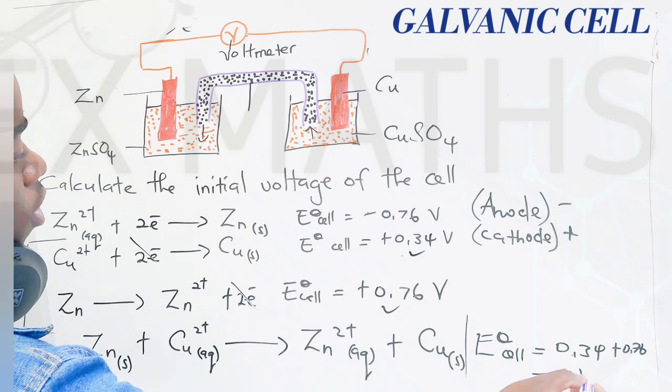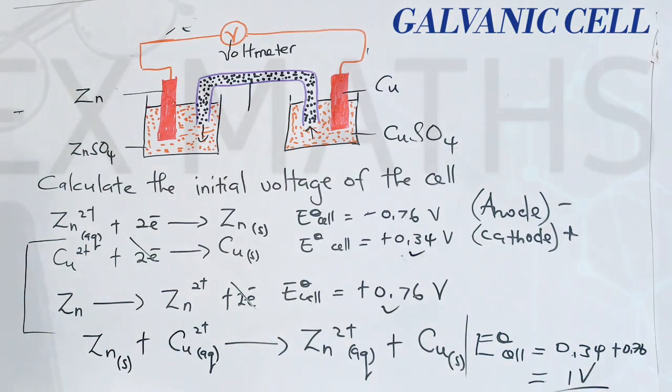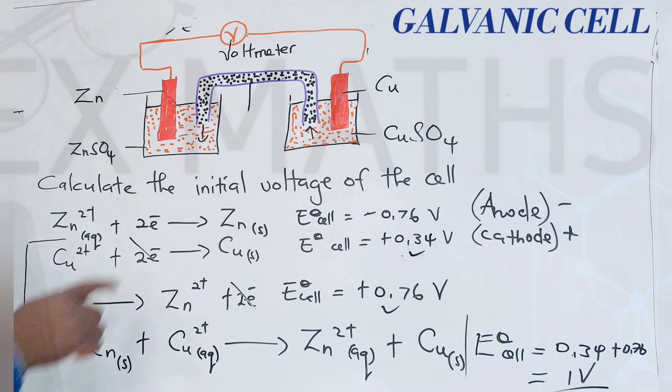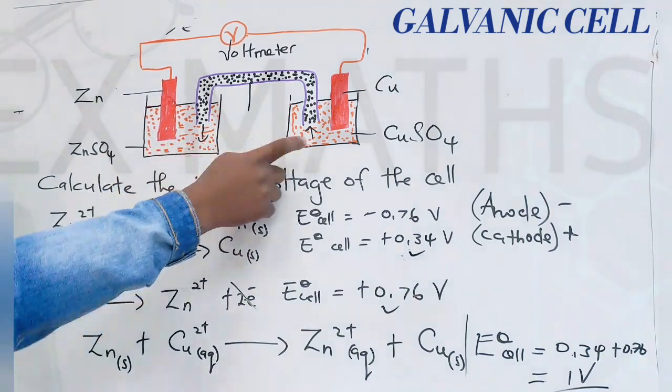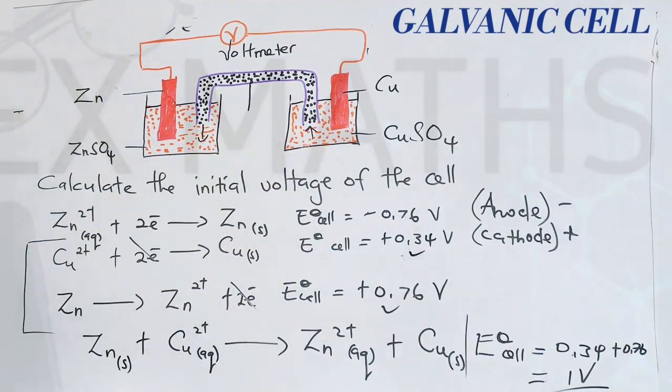We get 1 volt. So 1 volt is the initial voltage of our cell, but we know as this cell operates, chemicals will be used up. So for you to maintain 1 volt, you need to keep continuously adding new chemicals, which is the electrolyte.